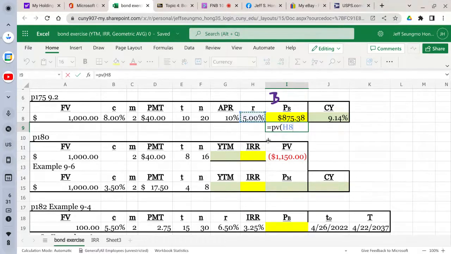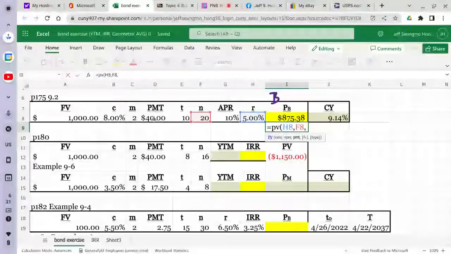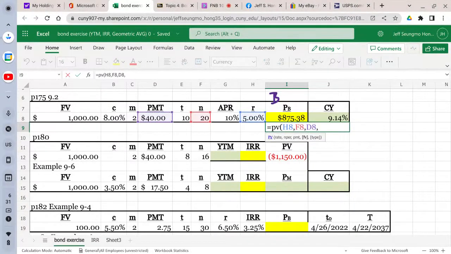It's a different thing when you use a different discount rate. Then n, the number of periods, and then the payment, and the future value.